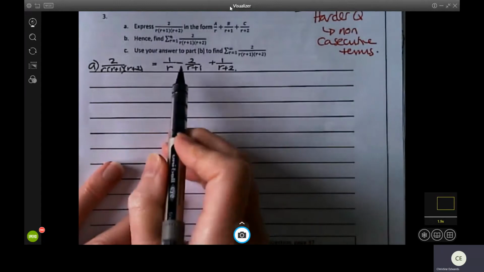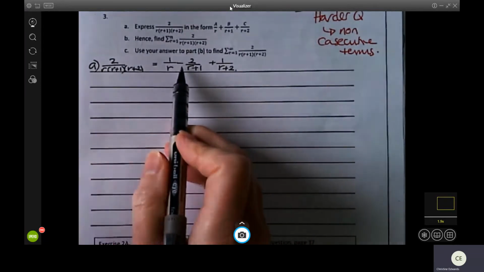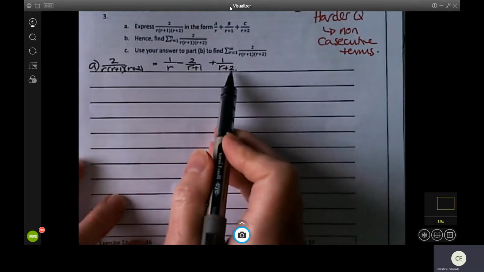So as you will see, I do have a minus sign, so I've got a difference, but I've got 3 fractions.